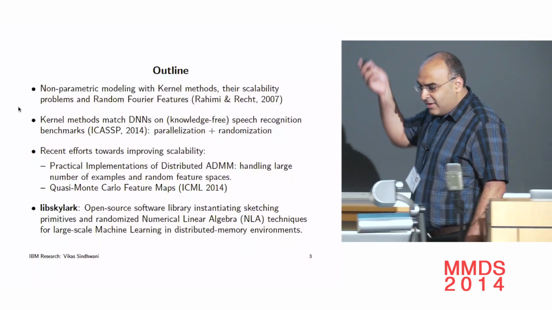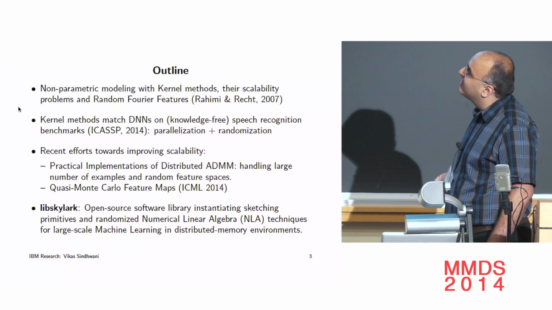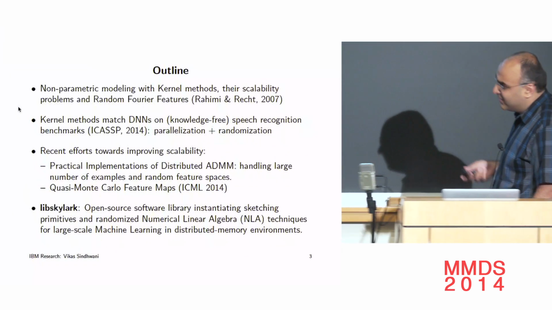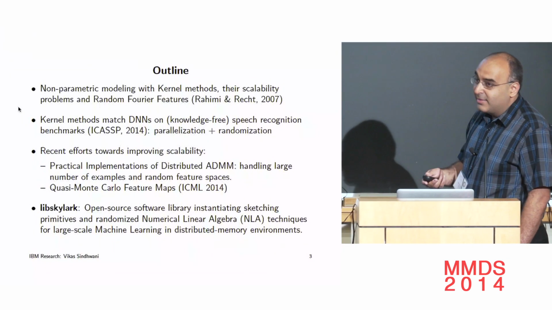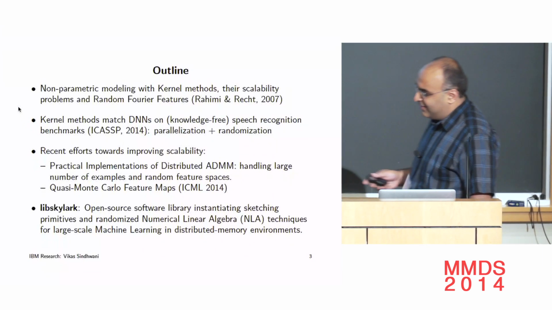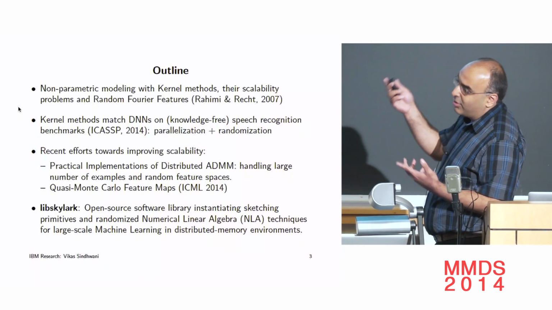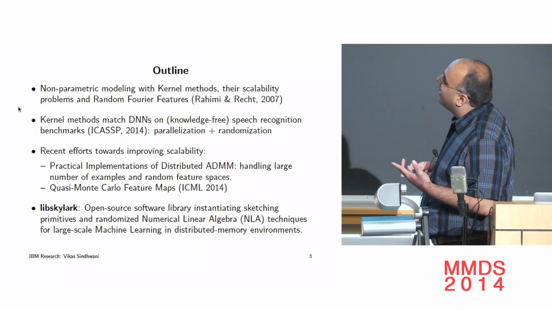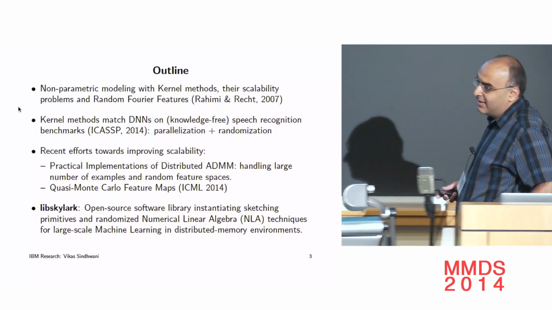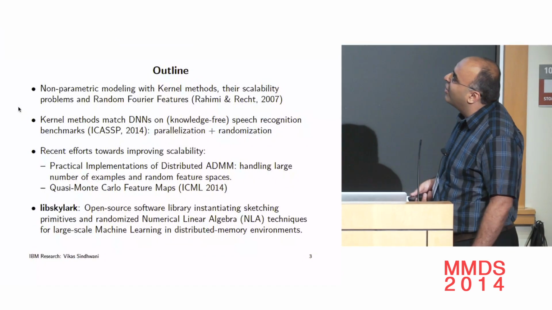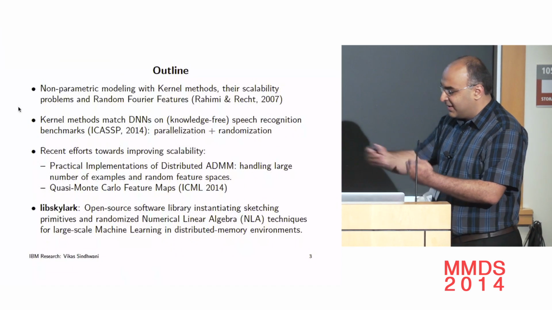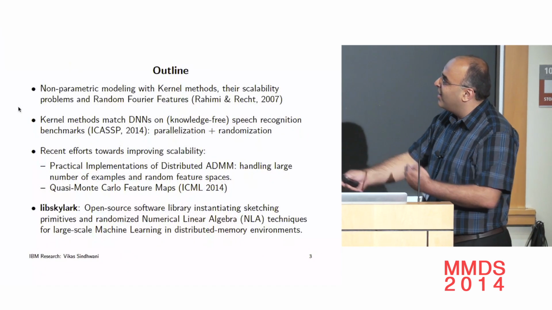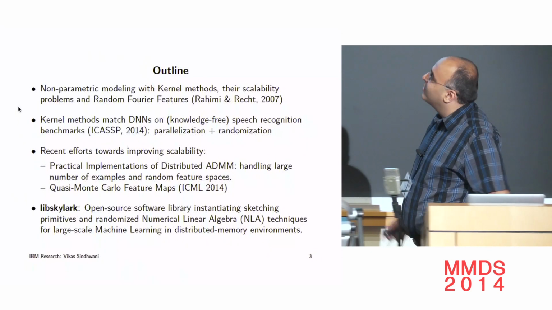And then many of these algorithms are implemented in this open source software library called libSkylark, which was recently released, but it's still work in progress. And this is a much bigger library. It instantiates not only these kernel methods, but also a class of randomized numerical linear algebra techniques, and it's designed with the objective of enabling machine learning algorithms at the front end for distributed memory systems.